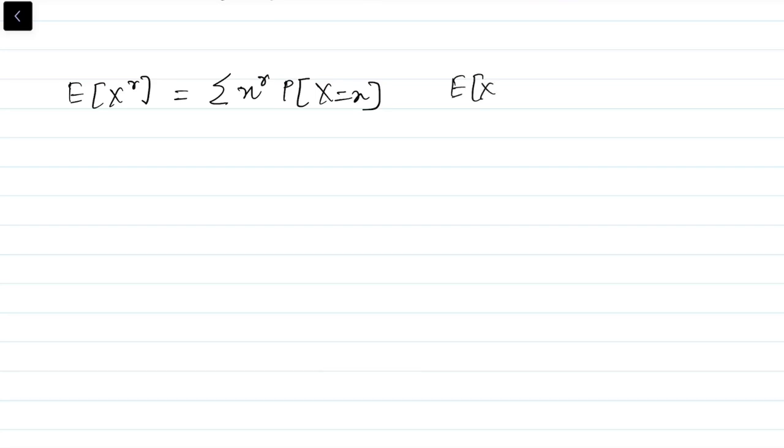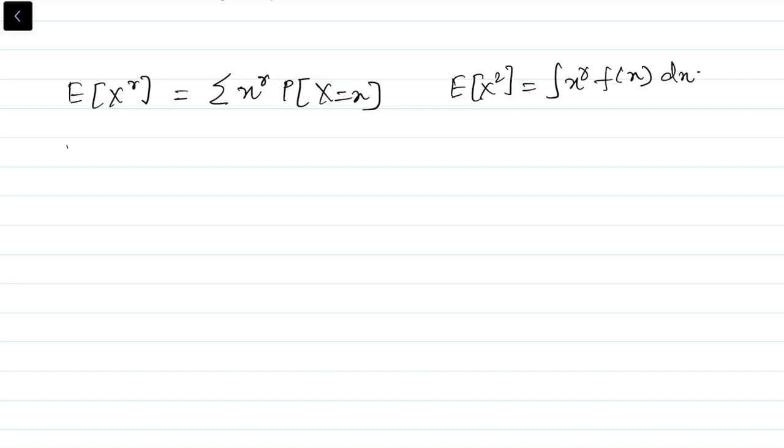So in general we can write expectation of x to the power r is summation of x to the power r times probability, and in continuous, integration x to the power r PDF and then dx.